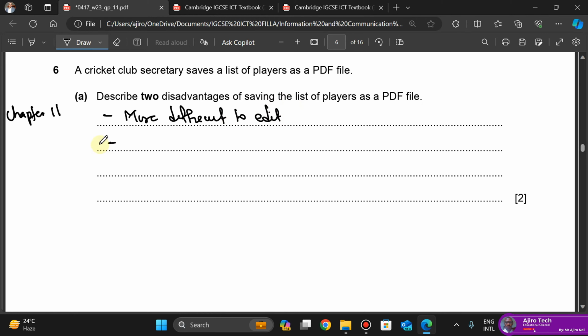Okay. And again, you need a PDF reader. Okay. You need PDF software, an editor, to edit information.